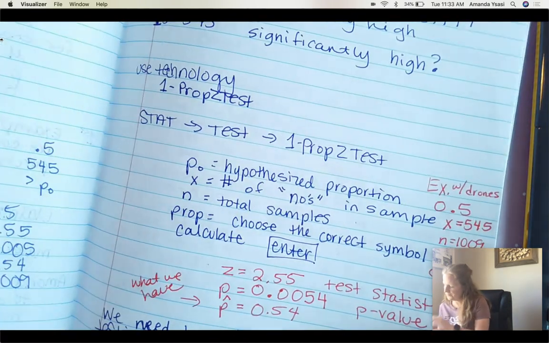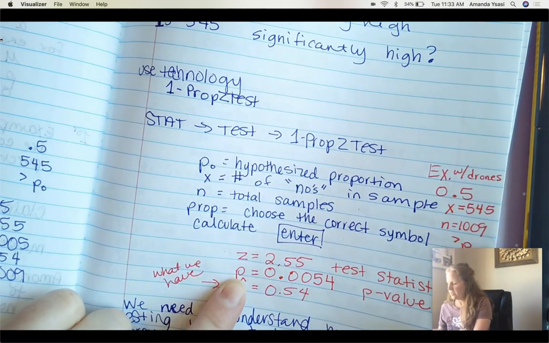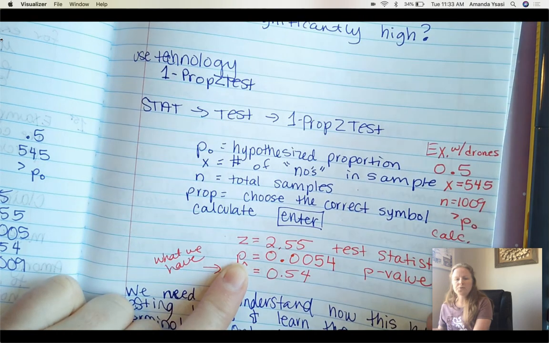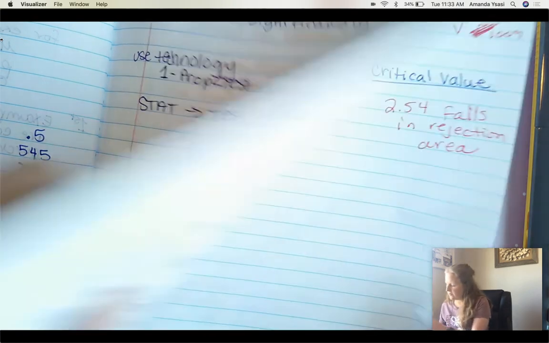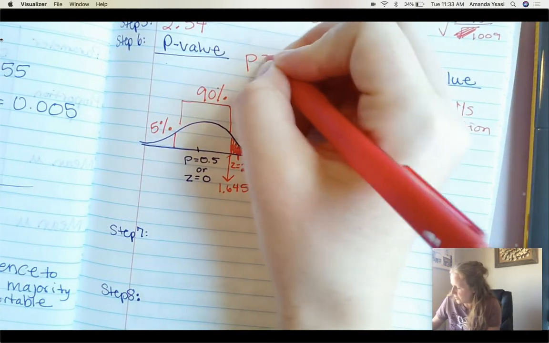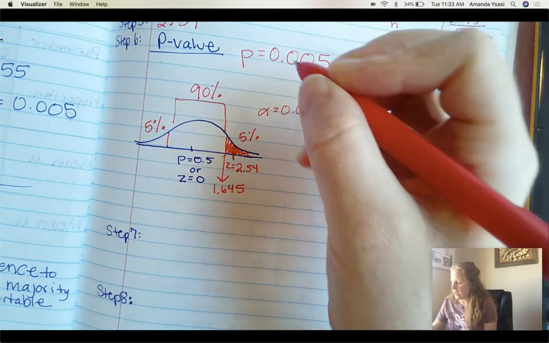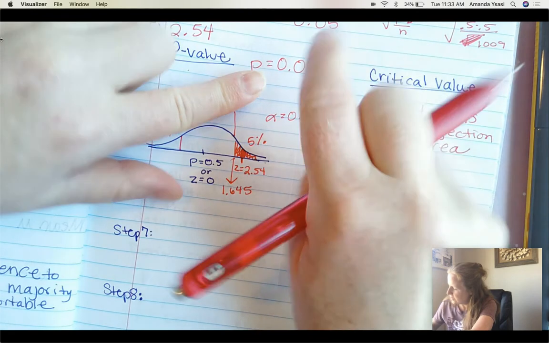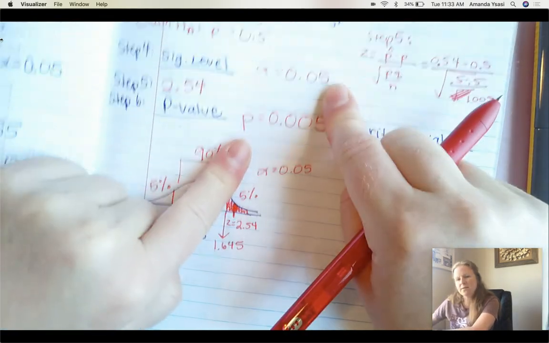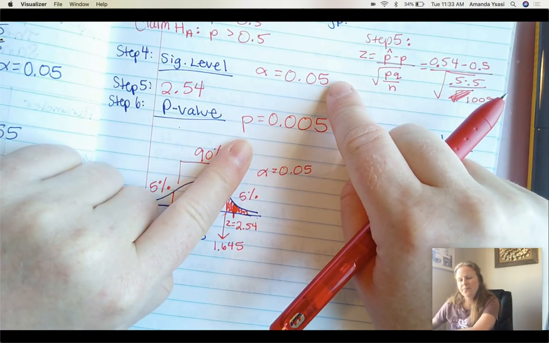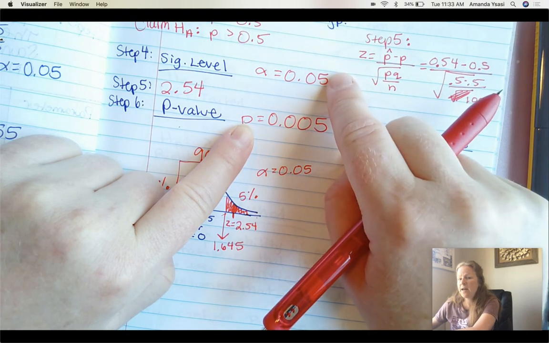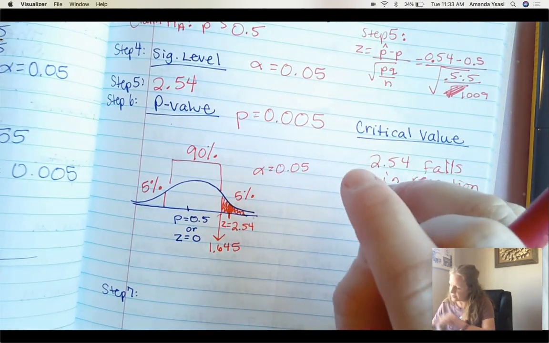P equals 0.005. So our p-value is 0.005. Is this less than this? This one is less than that, and that's what we want.